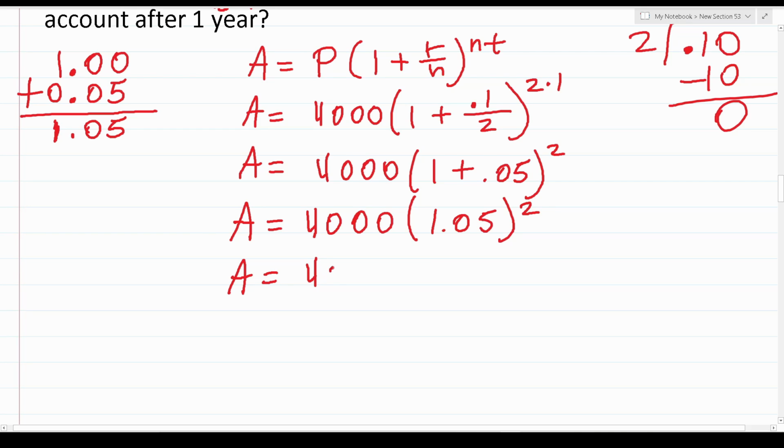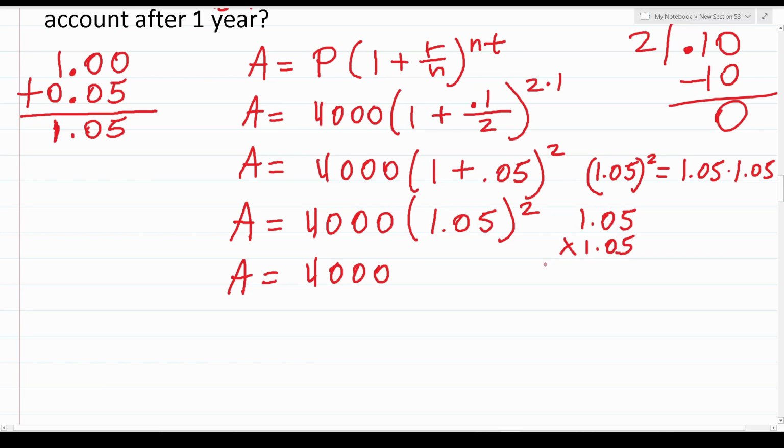We have 4,000 times 1.05 squared. Well, I'm going to have to work that off to the side. Again, 1.05 squared is the same thing as 1.05 times 1.05. And I'm going to work that out vertically so as not to make any mistakes doing it. Okay, we have 1.05 times 1.05.